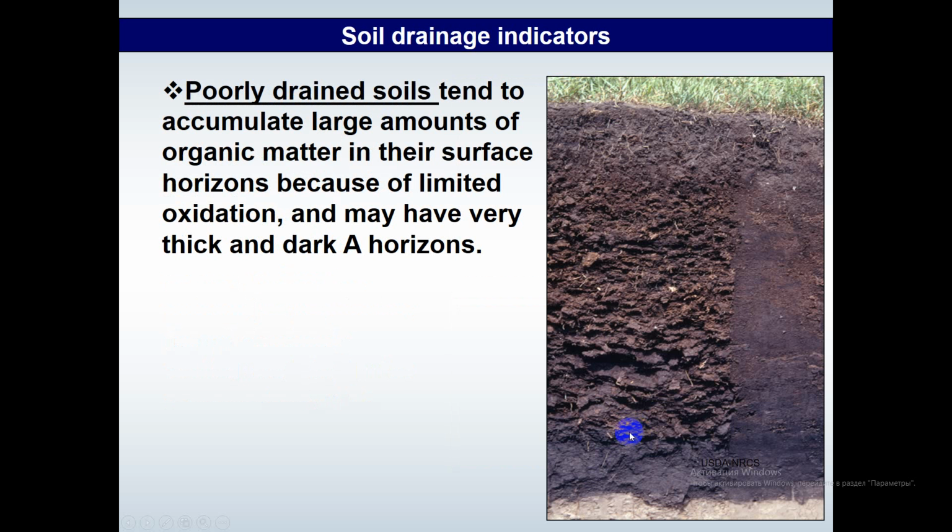Poorly drained soils tend to accumulate large amounts of organic matter in their surface horizon because of limited oxidation and may have very thick and dark A horizons.